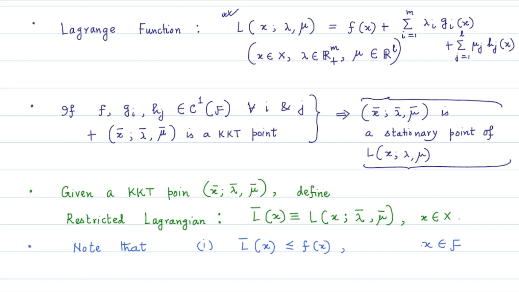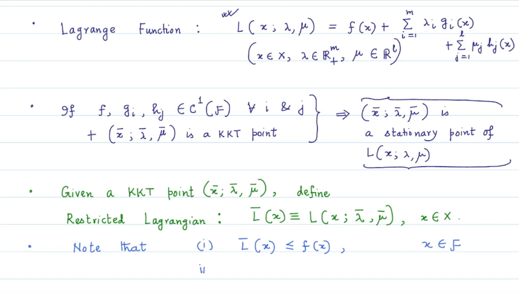Because you notice that for x belonging to capital F, these h_j(x) values are all zeros, so this entire summation part is equal to 0, and for x belonging to capital F, these g_i(x) are less than or equal to zero, and therefore this summation is less than or equal to 0, because the components of lambda bar are all non-negative. So certainly we have this inequality.